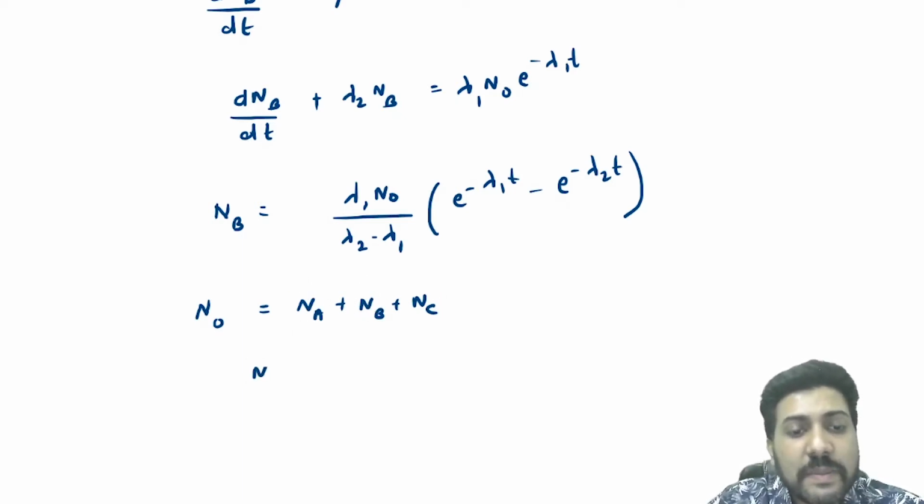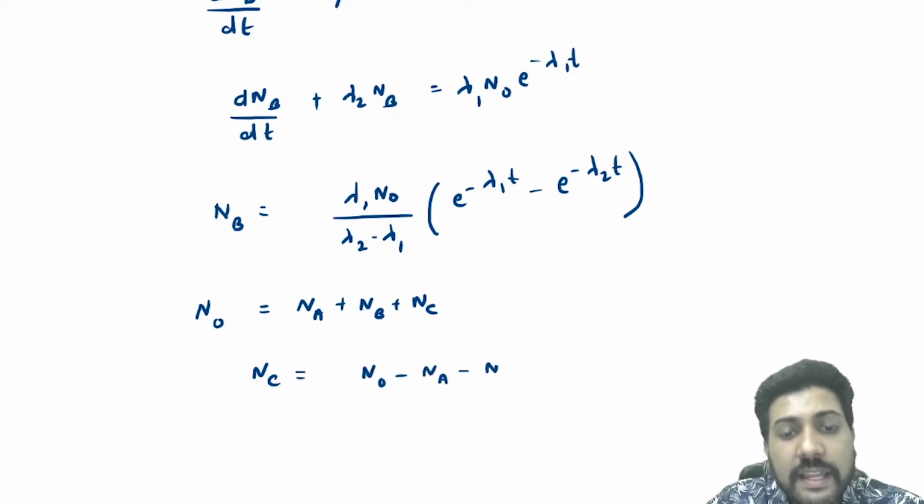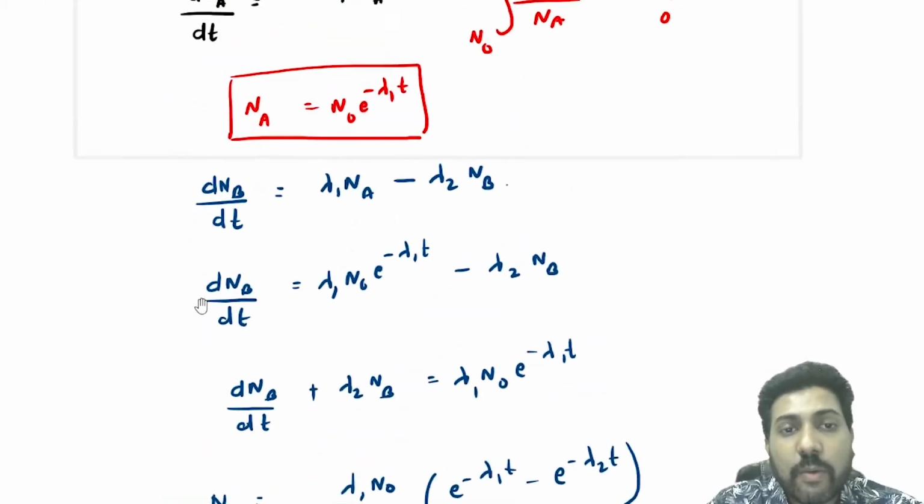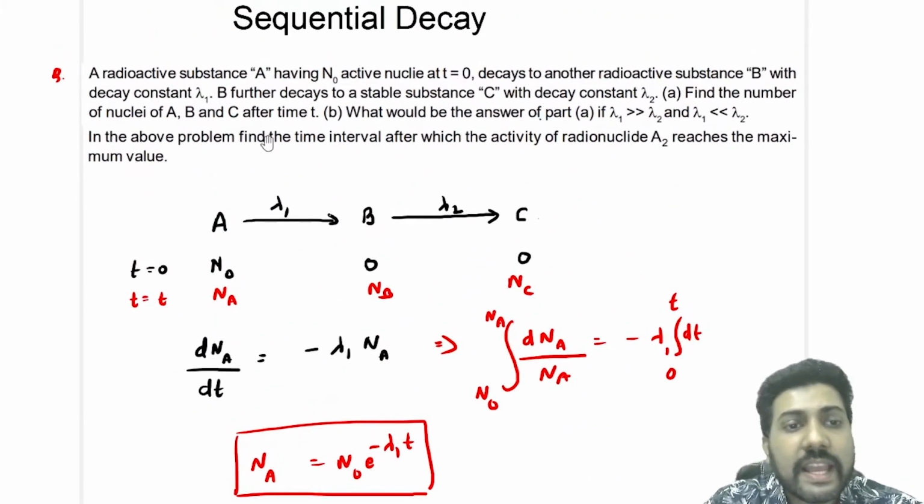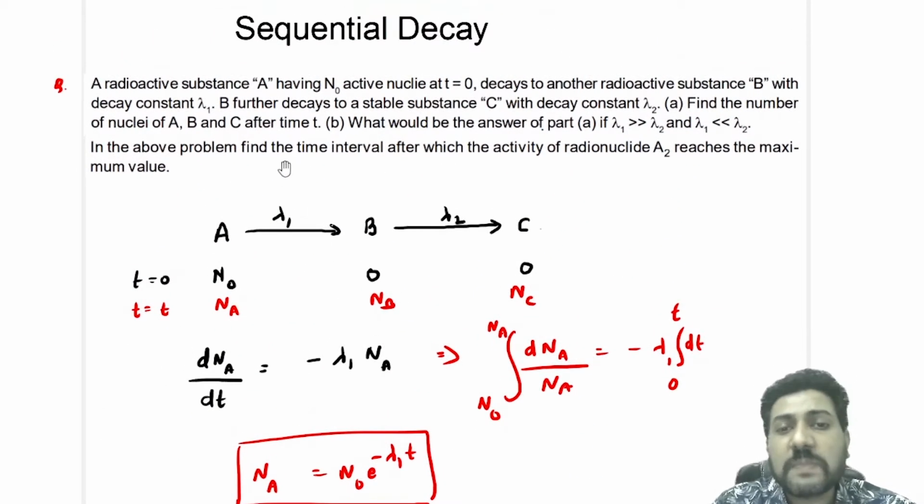So Nc will be nothing but N0 minus Na minus Nb. We know the value of N0 because it is given to you, and we have calculated Na and Nb, so from this we will get the value of Nc. Now we have found out Na, Nb and Nc. That was the first part of the question.